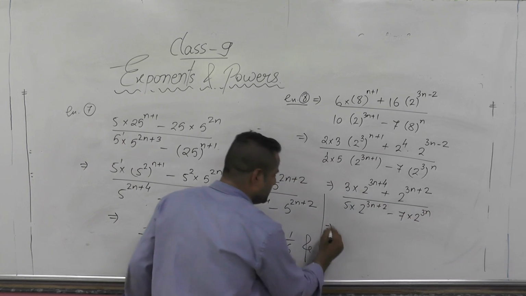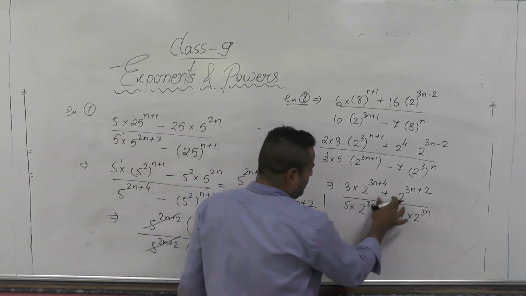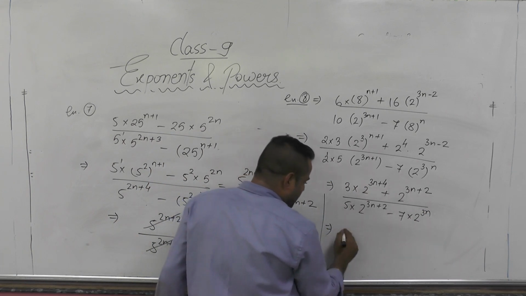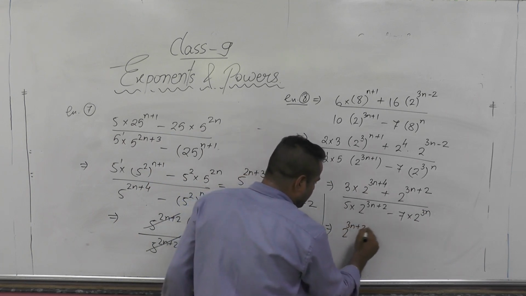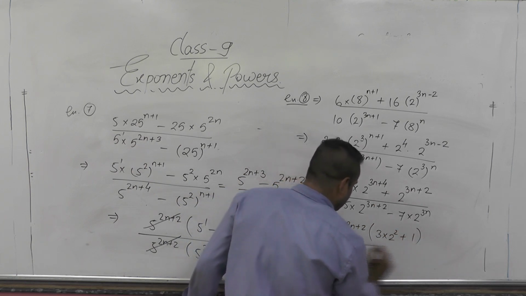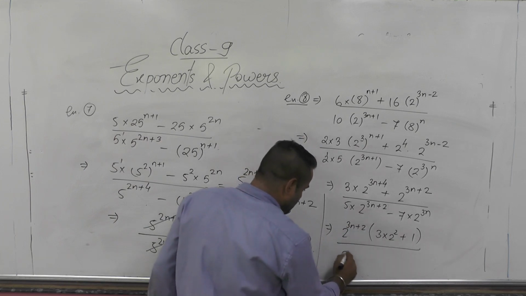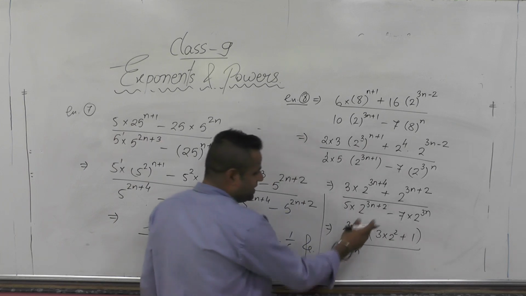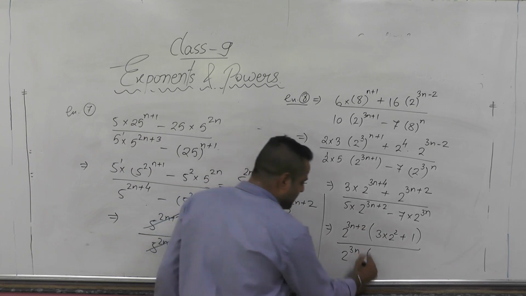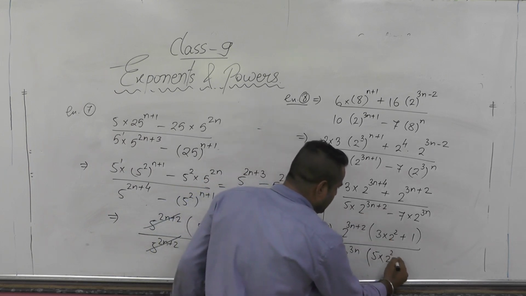Now what you can do is take the least power common again. Here you can see 3n plus 2 is the least power, you can take it common. What remains here is 3 into 2 to the power 2 plus 1 in place of this term. In the denominator, we can take 2 to the power 3n, which is the least power, common. 5 and 2 to the power 2 will remain.